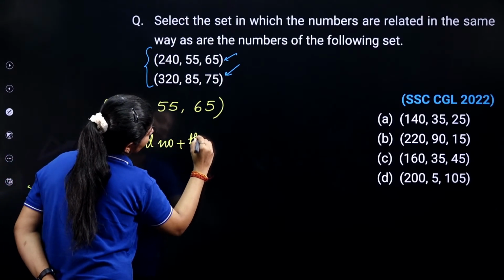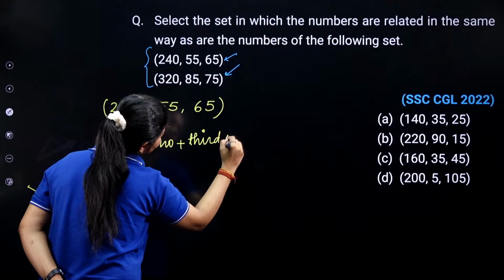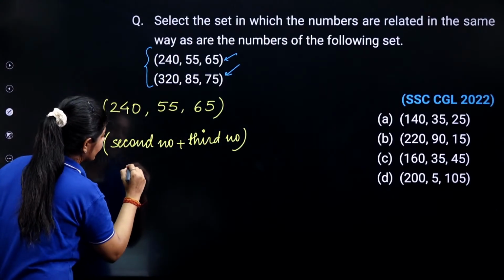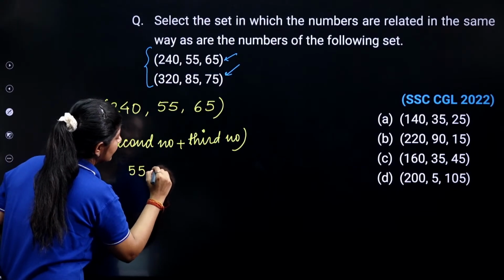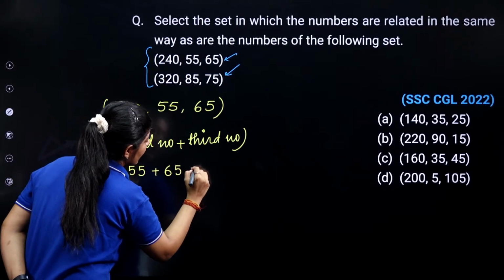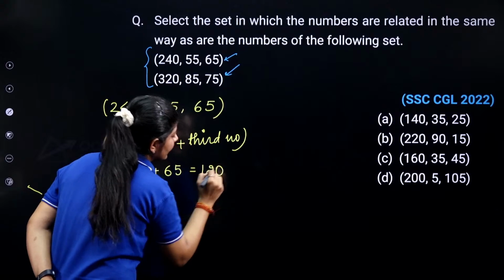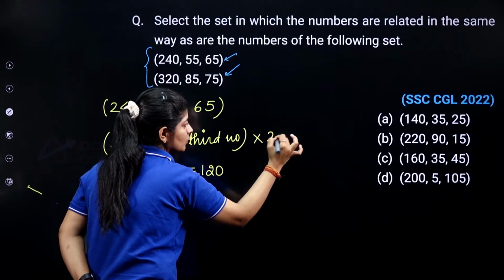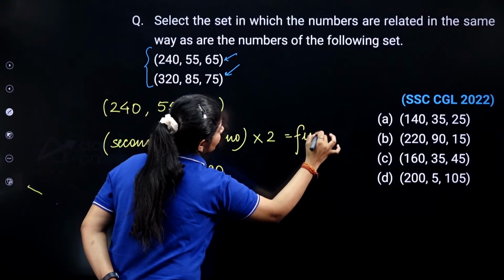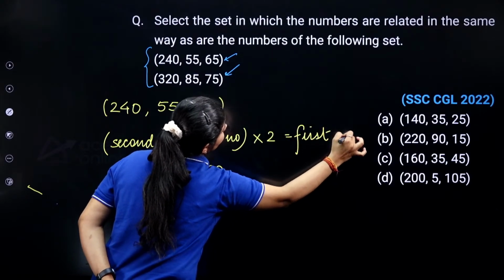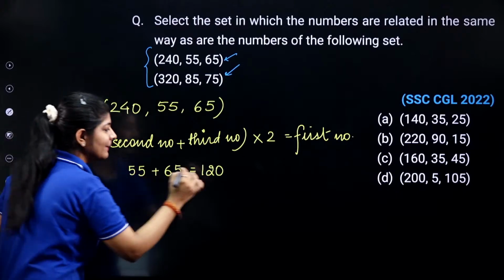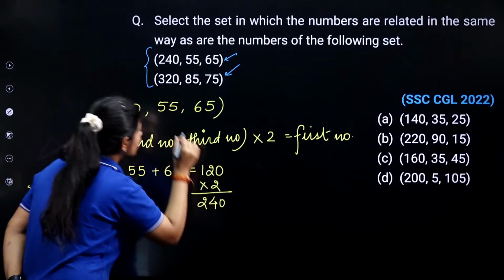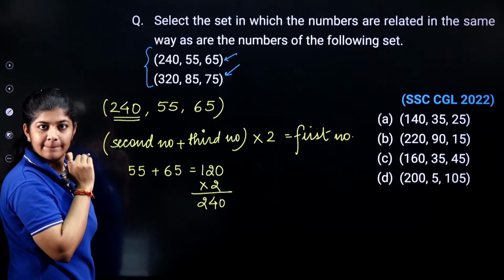If I add my second number and third number together, 55 plus 65, we are getting 120, right? If I multiply this by 2, we are getting our first number. When I multiply my 120 by 2, we are getting 240, which is given as our first number.